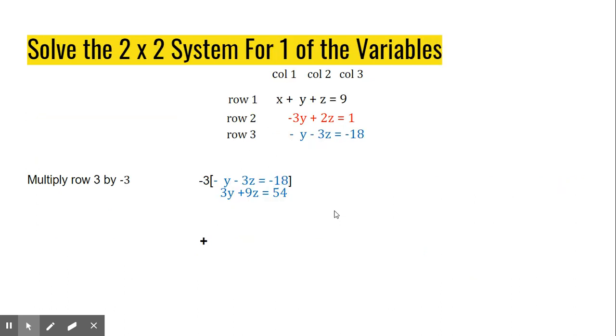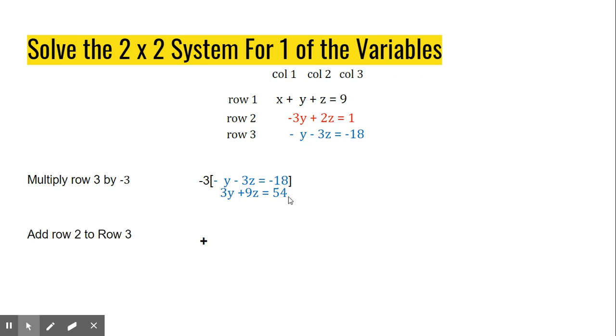Now I've got my new row 2, my new row 3, and you notice that in row 2 and 3, I have a 2 by 2 system. That is, I have two equations with two variables, and I know how to solve that. If I want to, let's say, solve for z, then I will multiply row 3 by -3 to create my equation that gives me a zero pair.